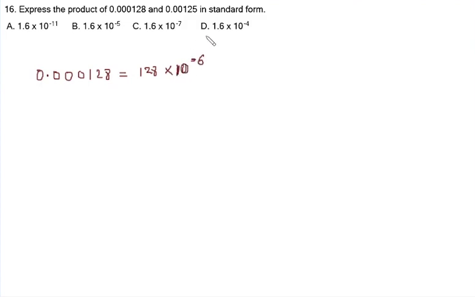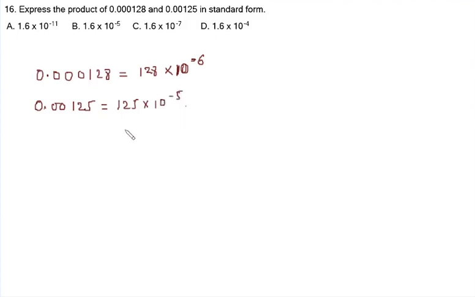So for our second number, we have 0.00125, which equals, moving this point again, 1, 2, 3, 4, 5. So this is 125 times 10 to the power minus 5.